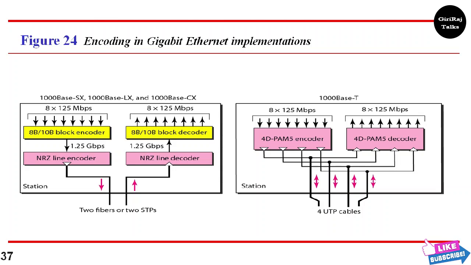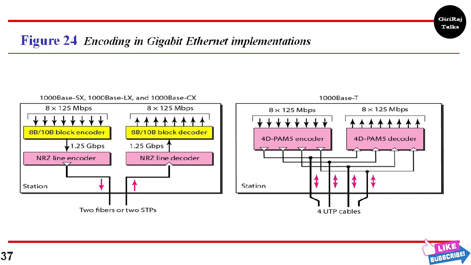To synchronize bits, particularly at this high data rate, block encoding prevents long sequences of zeros or ones in the stream. But the resulting stream is 1.25 Gbps. Note that in this implementation, one wire, meaning a fiber or STP, is used for sending and one for receiving.